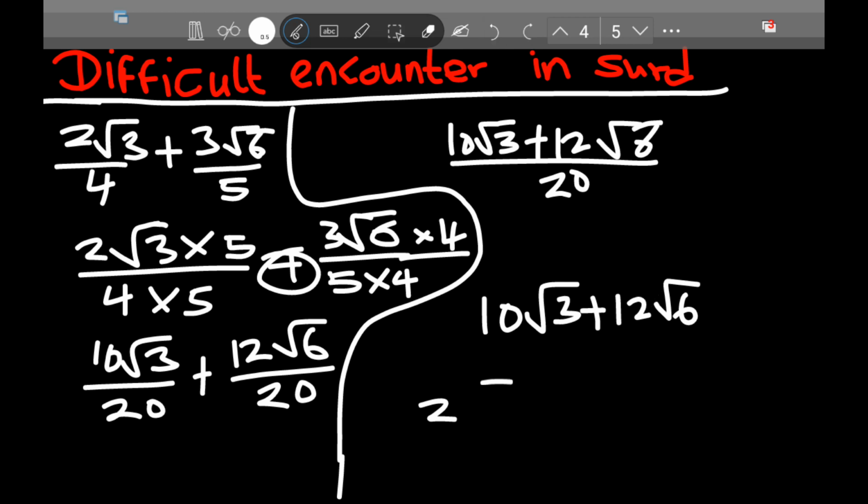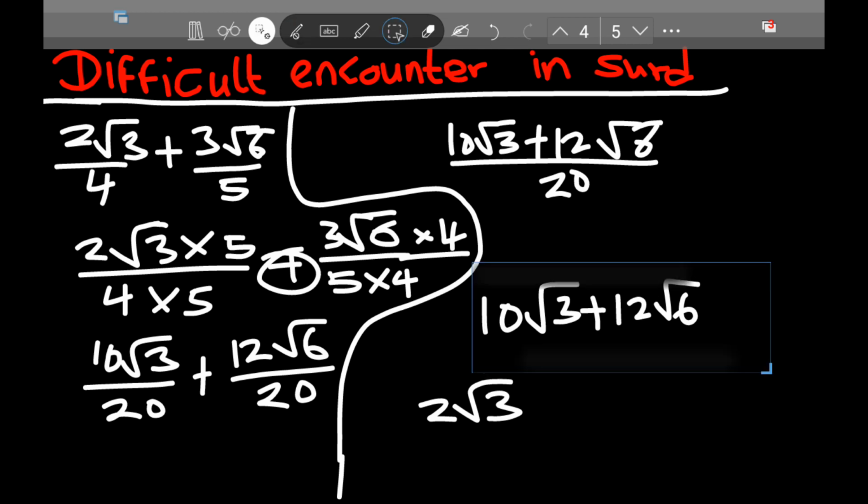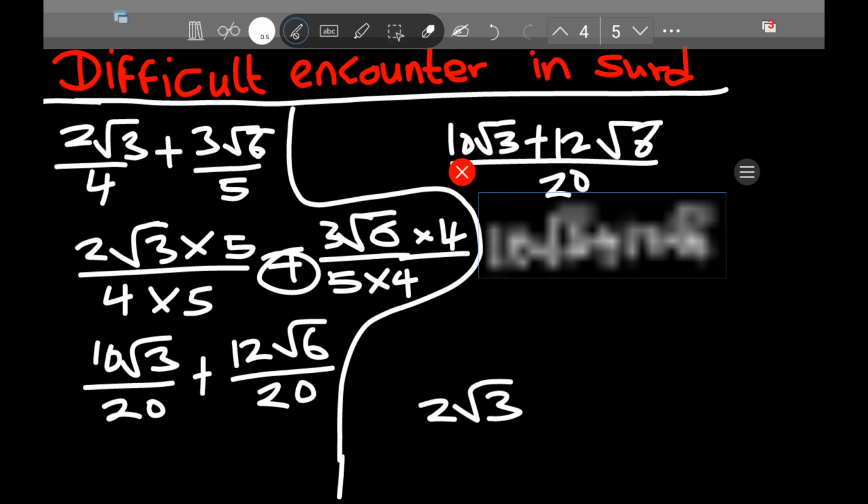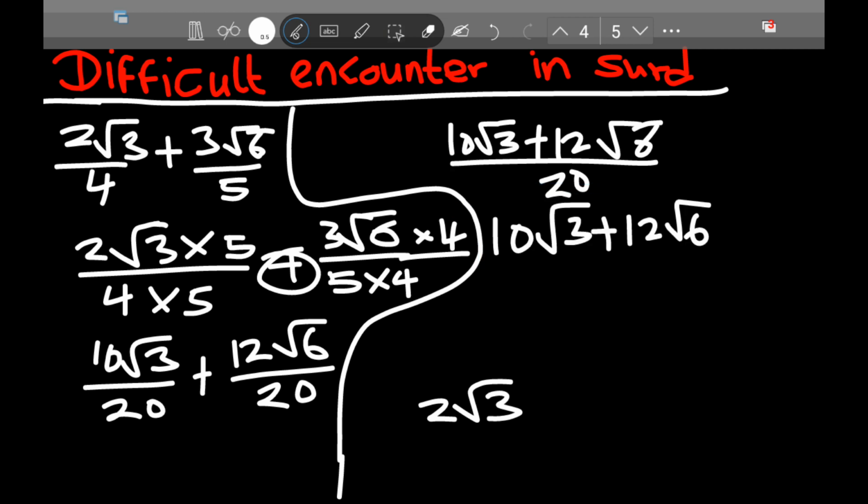So you should simply write root 3. Now let me put this over here slightly, and then now if we divide these two expressions, 10 root 3 and 12 root 6 by 2 root 3, do you think that we can do that?